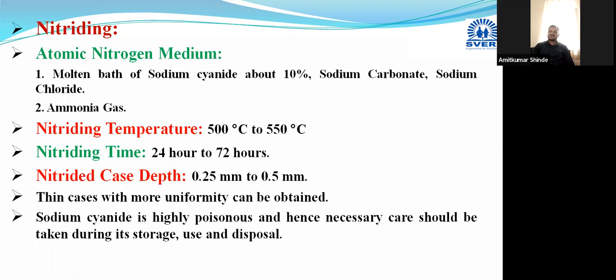Generally, we perform this nitriding process on low carbon steel or low carbon, low alloy steels, because we have toughness at the core and we just improve the properties of the surface. After nitriding, we will get a uniform case depth, and a thin case depth can also be achieved. Generally, we can obtain 0.25 mm to 0.5 mm case depth by this nitriding method.